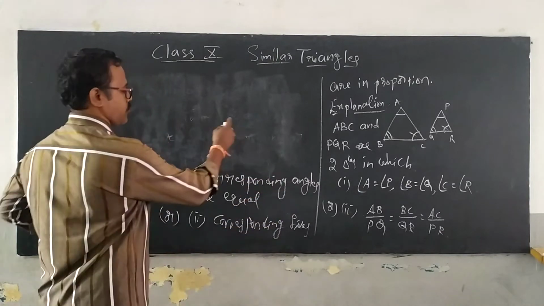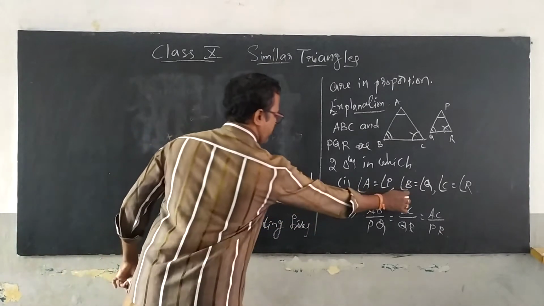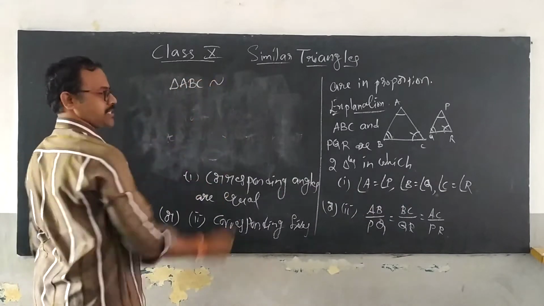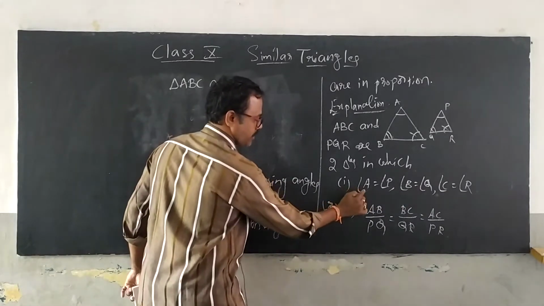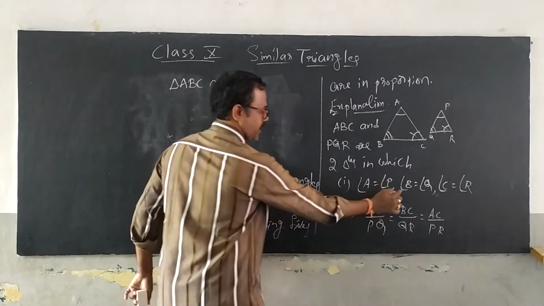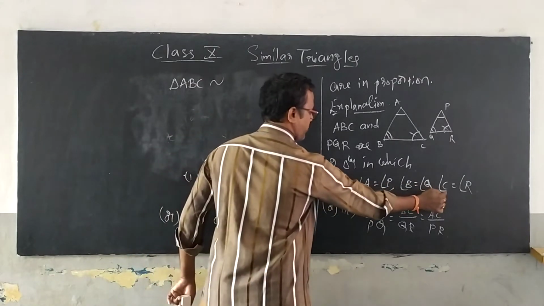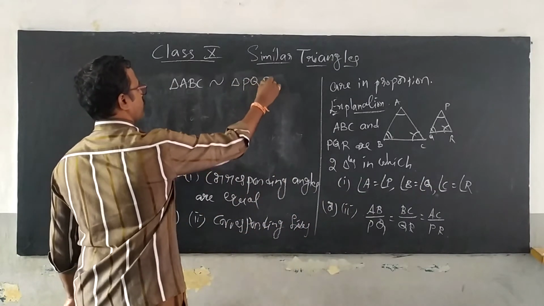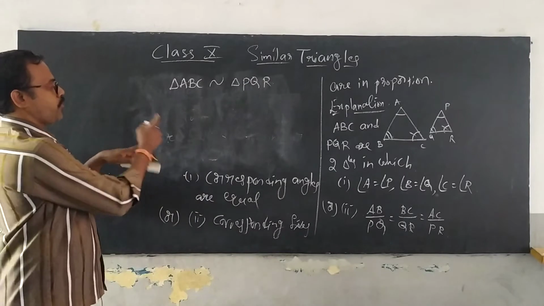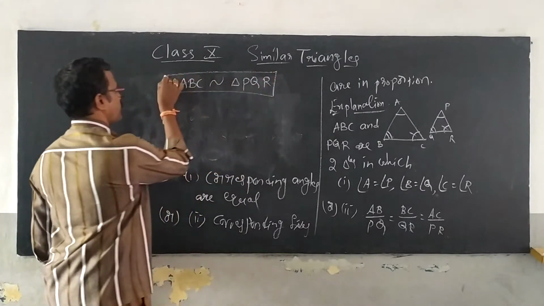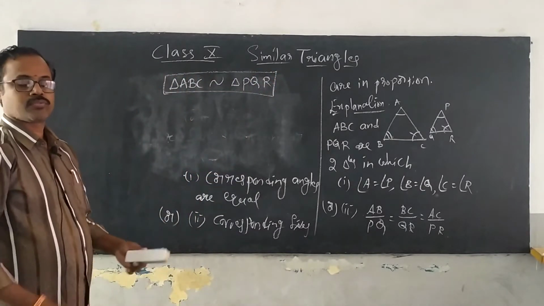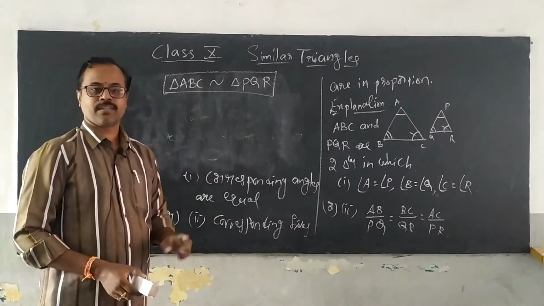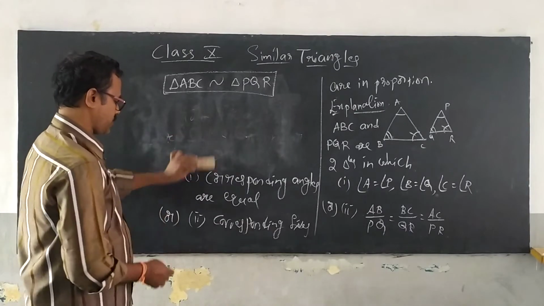So triangle ABC is similar to, now who is corresponding to A, that is P, corresponding to B, that is Q, corresponding to C, that is R. So you take triangle PQR. This symbolic representation is most important for you, because while doing the sums you need this symbolic representation mostly. Okay guys, very good.